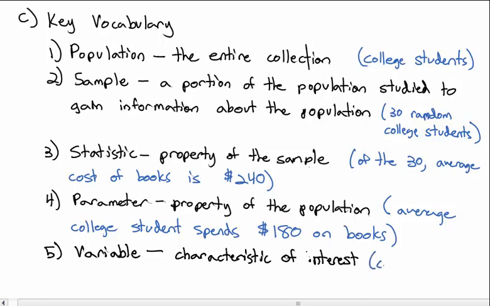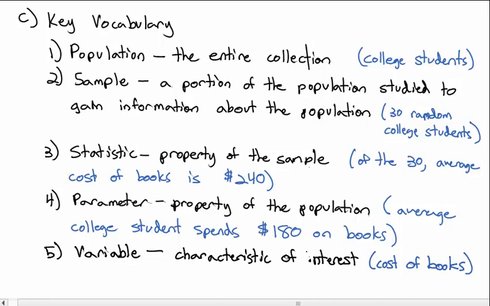Here we're talking about cost of books. So the cost of our books is our variable, our characteristic of interest as we study this sample from the population and get a statistic which we hope is representative of the parameter.